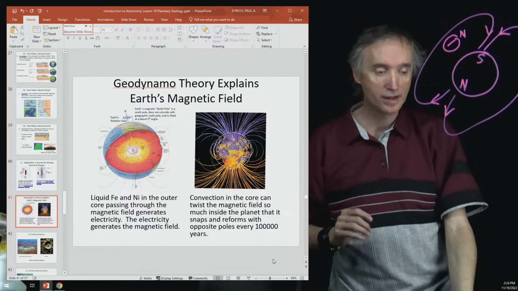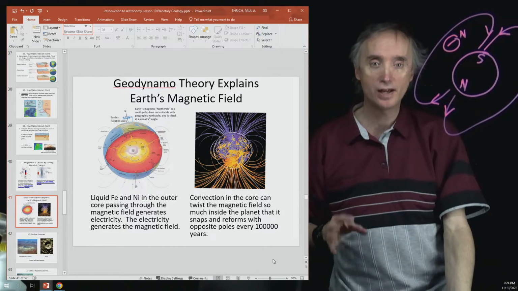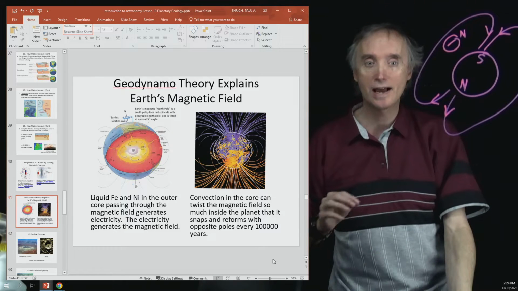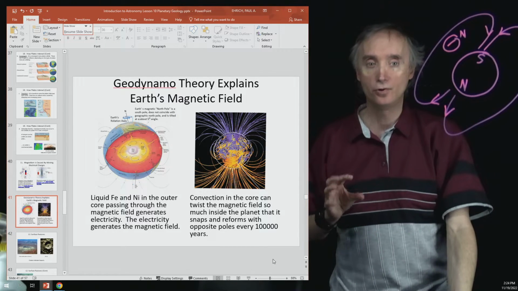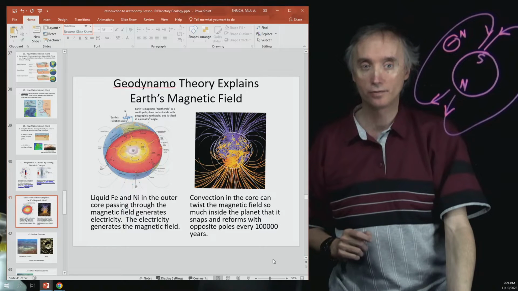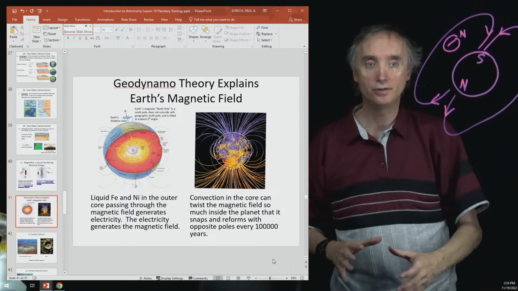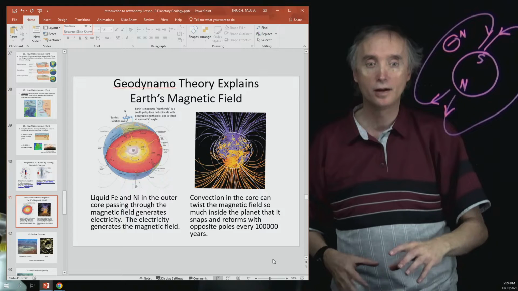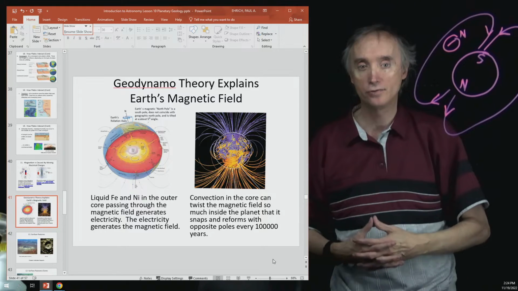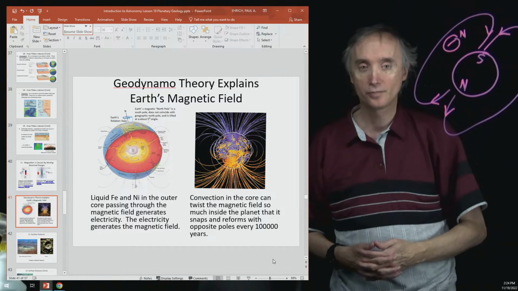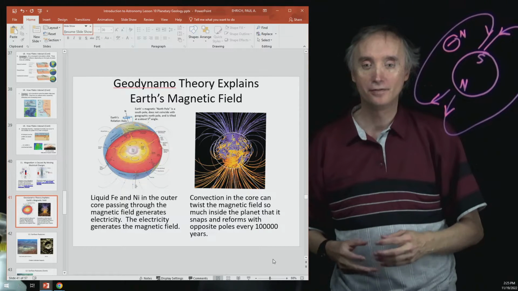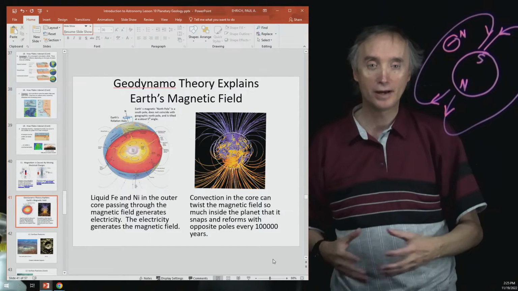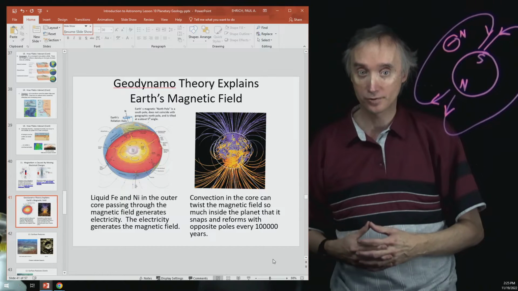And eventually that magnetic field gets so tangled, it snaps. And then when it reorients itself, north is south and south is north. The magnetic field of the Earth flips about every 100,000 years. And again, it's due. The magnetic field of the Earth has decreased in the past 100 years by about 5%.